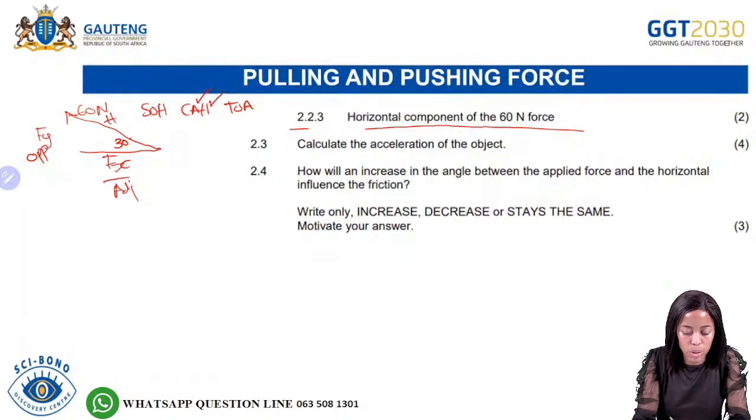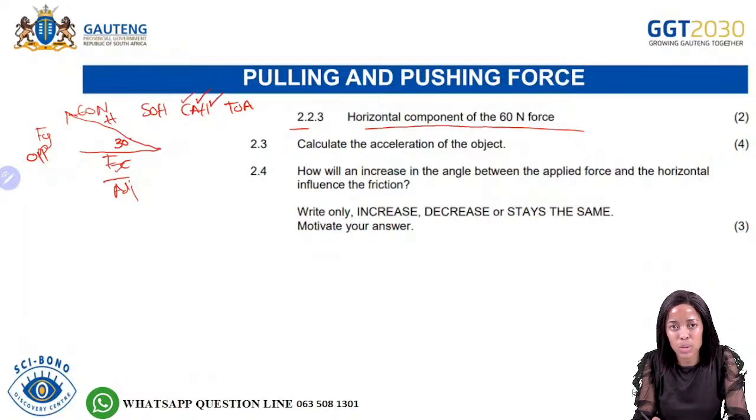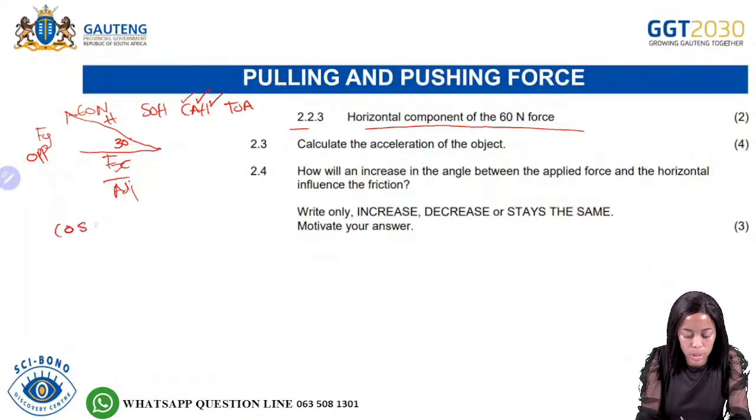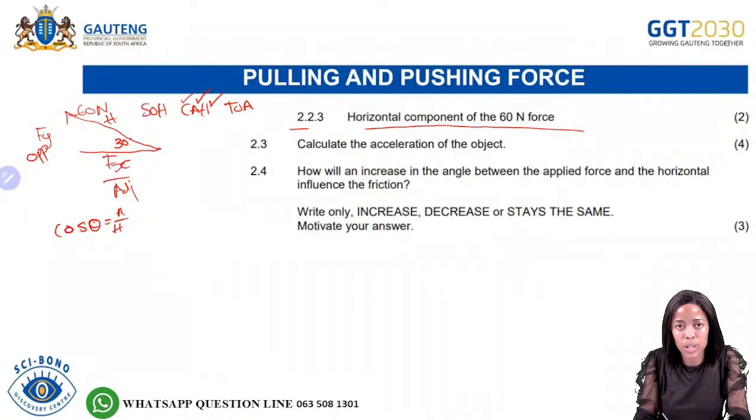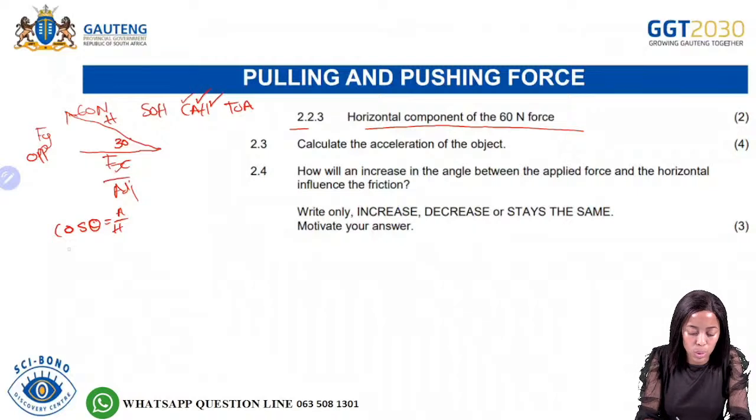We have the hypotenuse, and then we also have the angle. So it means that we can use cos theta. So we'll have cos theta equals the adjacent over the hypotenuse. We already know the angle, which is 30 degrees.